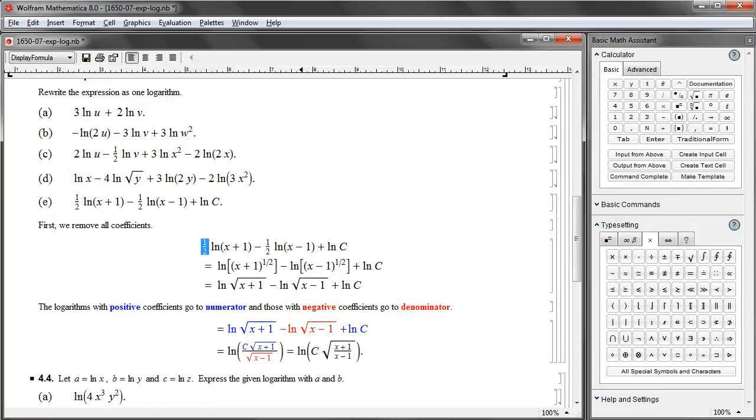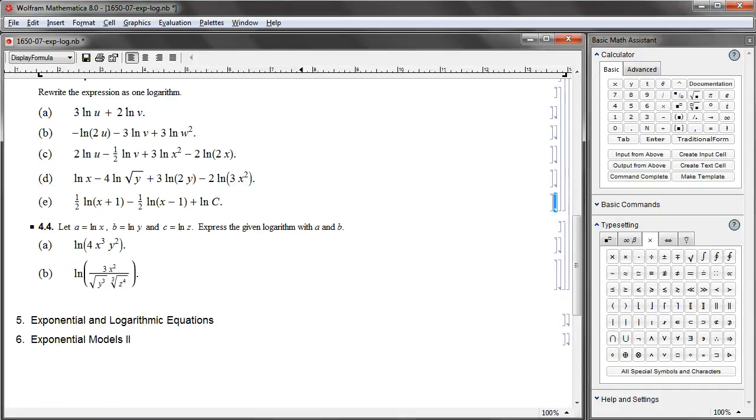Move this 1/2 in coefficient to the power, this 1/2 to the power, and we have square roots like these. And then apply rule A and rule B simultaneously. All positive go to numerator, all negative go to denominator. Afterwards, it's just a simplification.